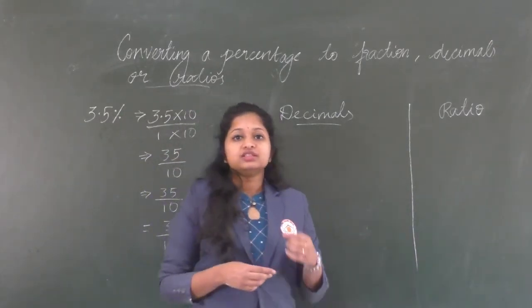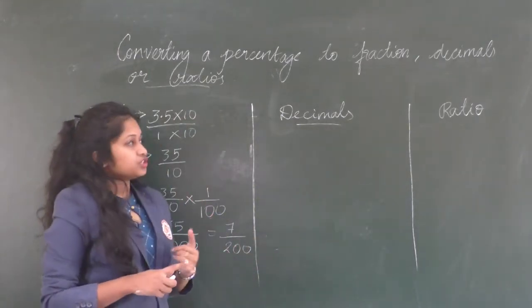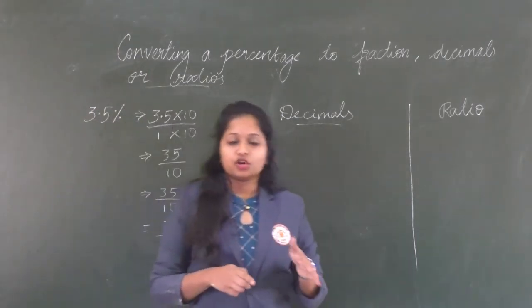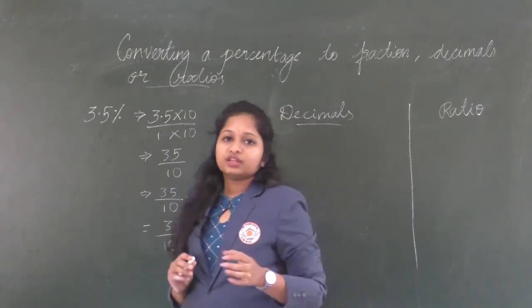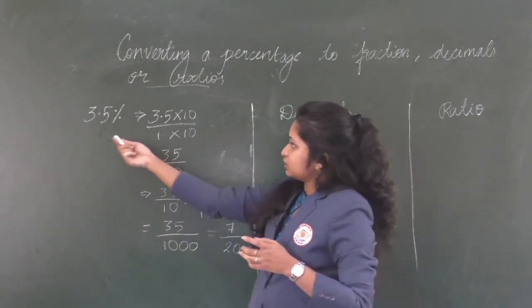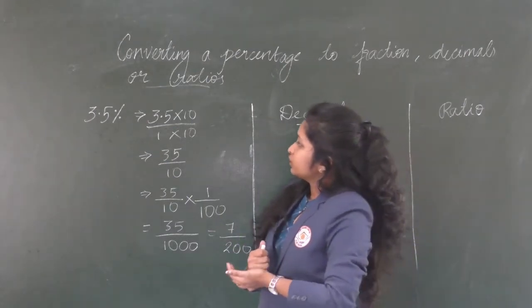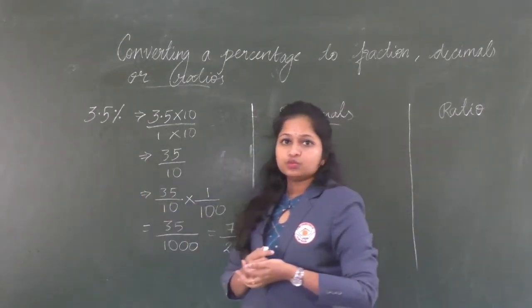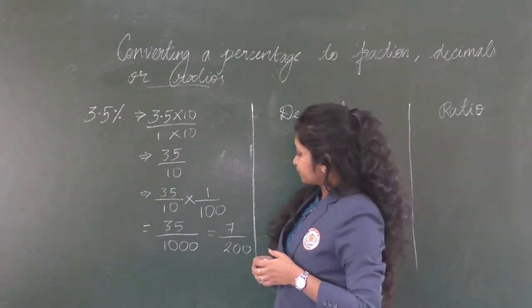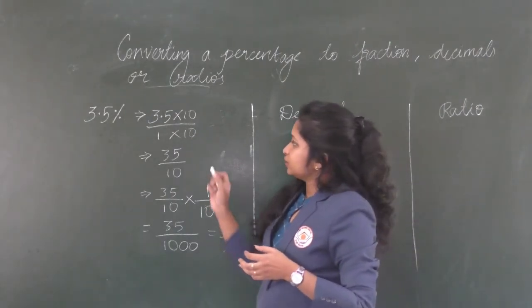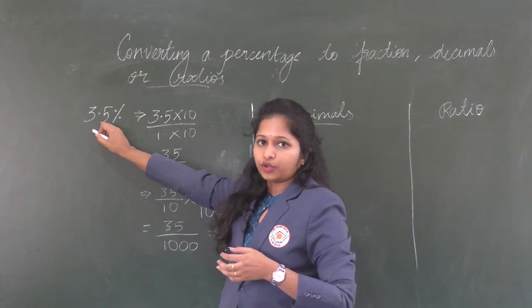Now let's learn to convert percentage to fractions, decimals or ratios. So here I have a question, that is 3.5 percentage. Now we should convert this 3.5 percentage to fractions. For that, first let's remove this point.